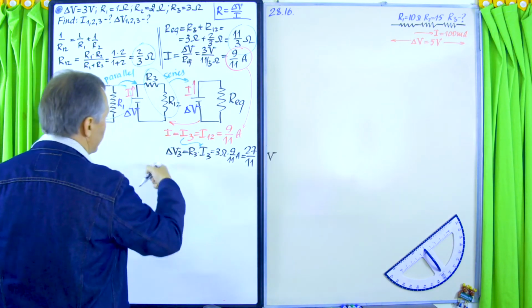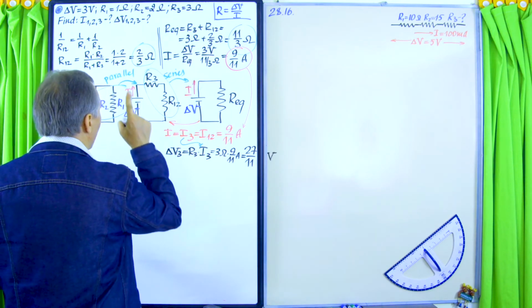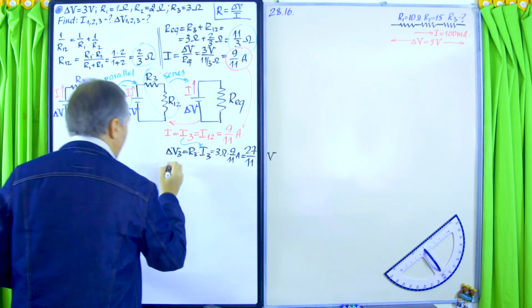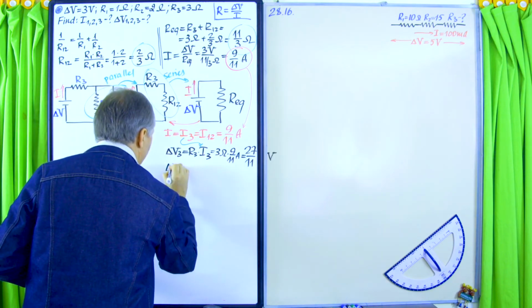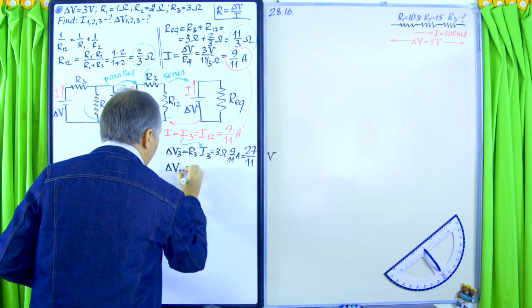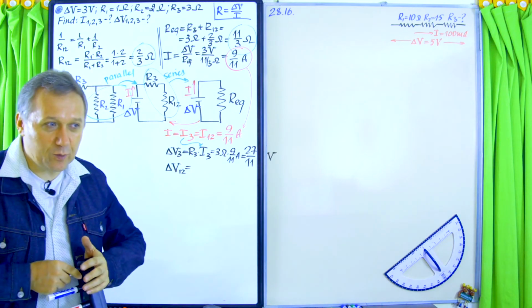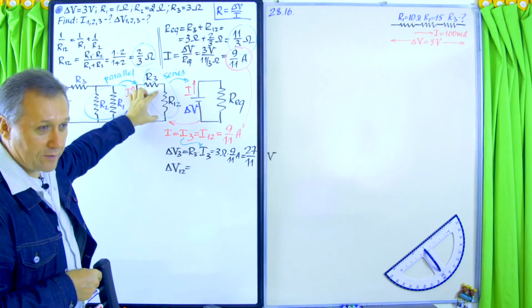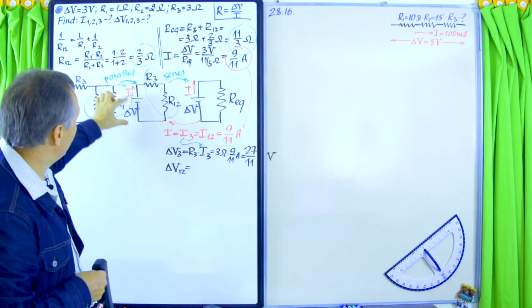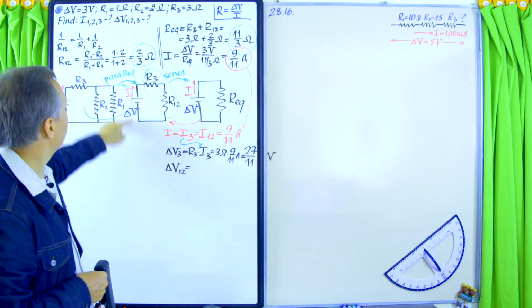But for now, we still need to find the voltage drop across R12, so delta V12. At this point, you should be able to tell me immediately the value of the potential difference across this resistor, because the total voltage provided by the battery is 3 volts.